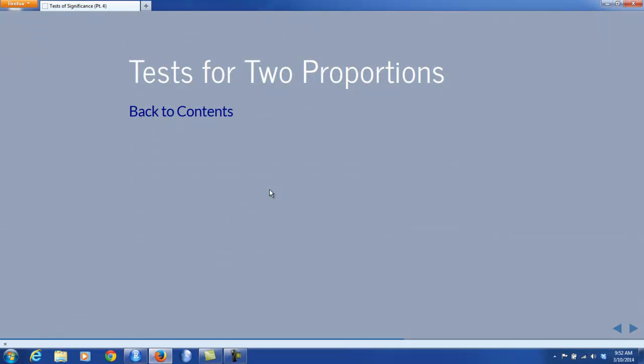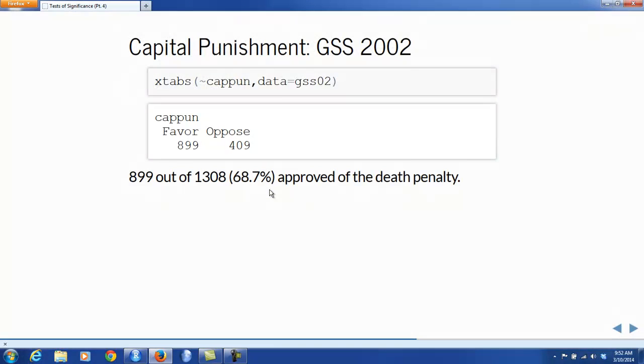Let's turn now to significance tests for the difference between two population proportions. First of all, let's look at the data frame GSS02, which gives some results from the General Social Survey back in the year 2002.